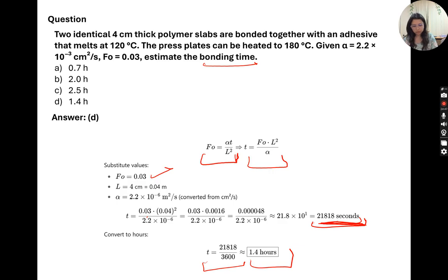Is it the time it takes for adhesives to melt? Yeah, two identical foam bonded together when an adhesive. Please check the calculations, because from here it was correct, but it is not giving the same answer.